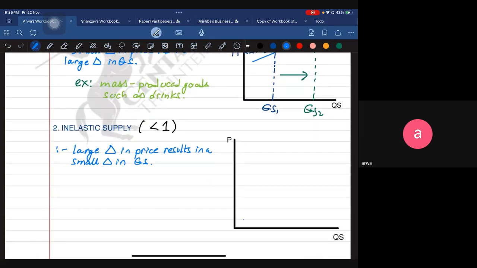Okay, so now the supply curve, how will it look? For this one, it's inelastic, so large change in price.